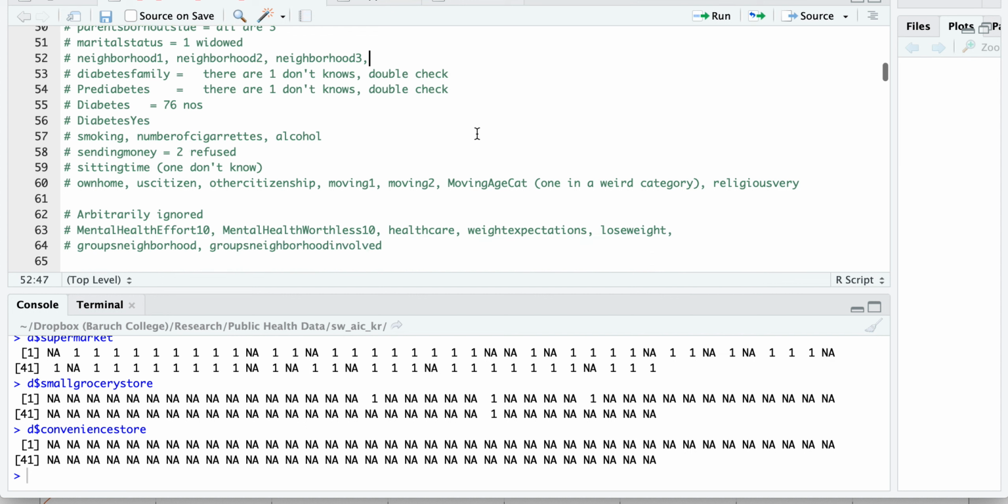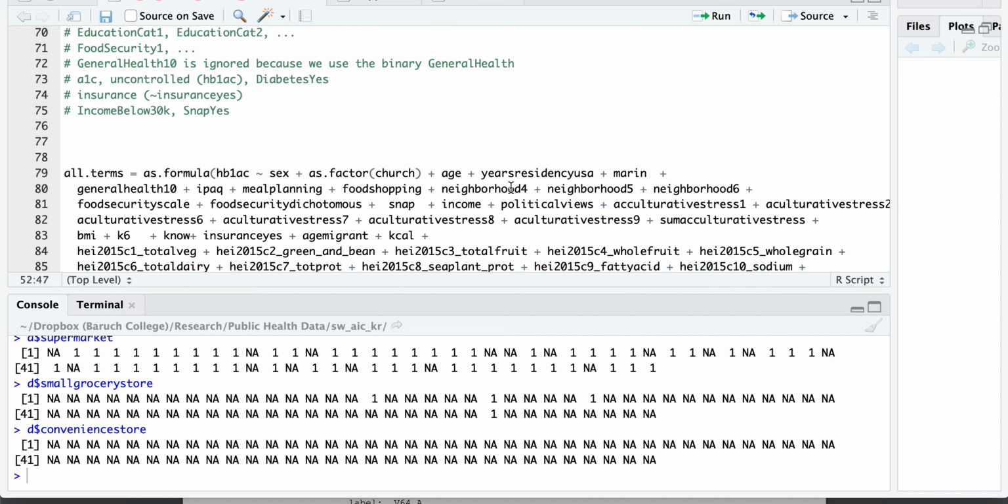One, two, three, and then I think I will keep neighborhood 4, 5, 6.